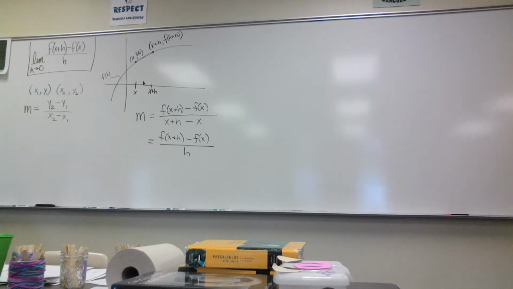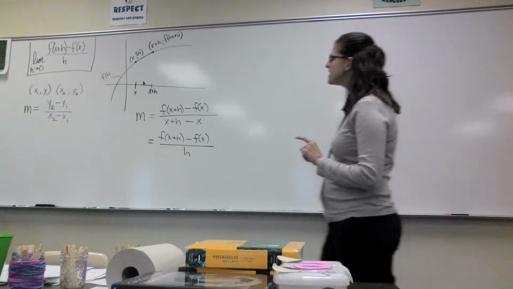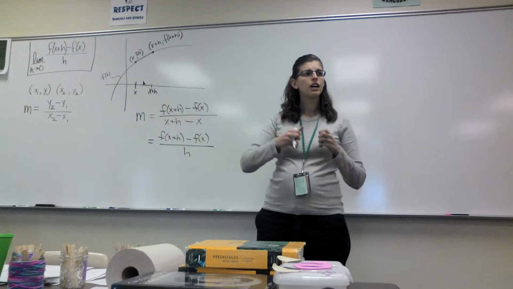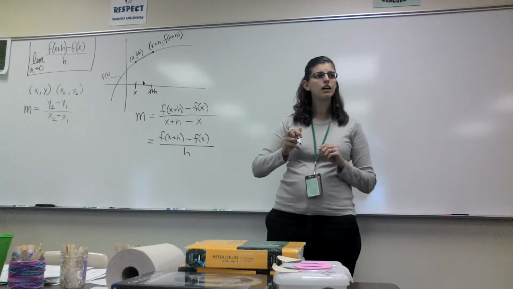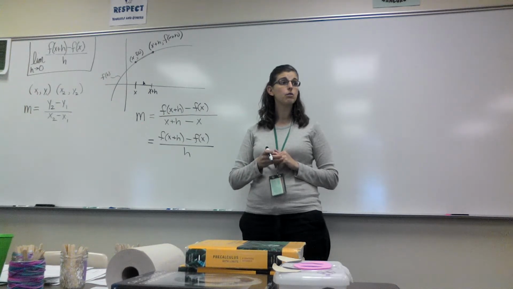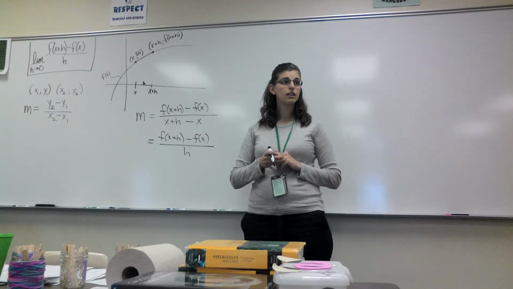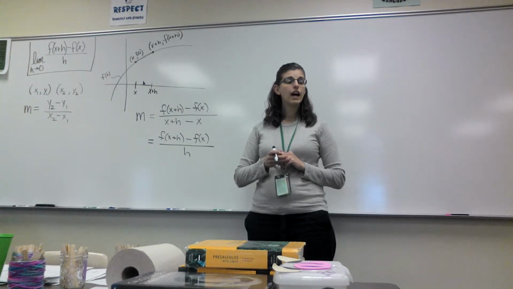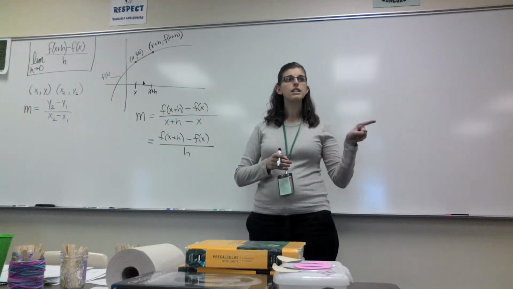Okay, now wait. Where is h on your graph? Yeah. What does h represent on this picture? A linear distance. Okay, what is it? What distance is it? I know it is h, but what does it represent?